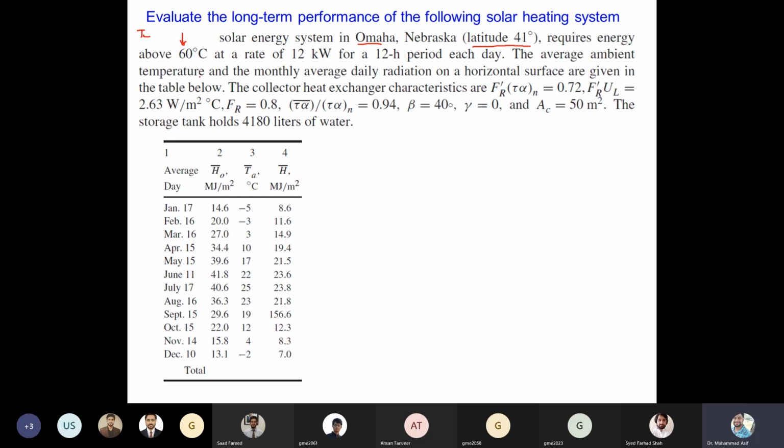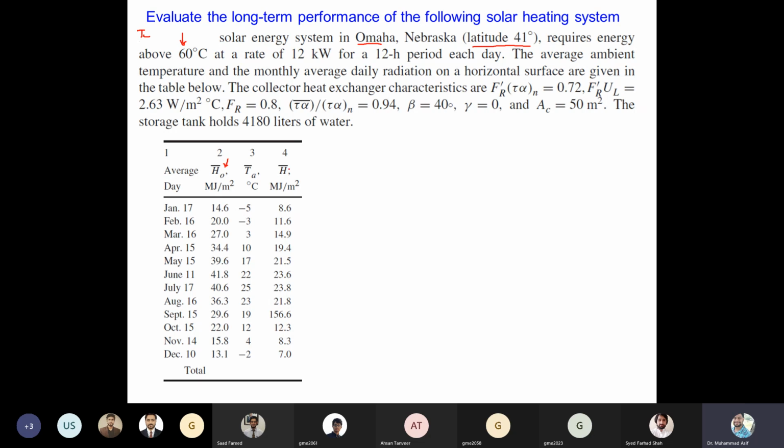The average ambient temperature and the monthly average radiation on a horizontal surface are given in the table below. So for that particular location, the average values are given. For example, this is the extraterrestrial radiation, and this is the average ambient temperature for January.